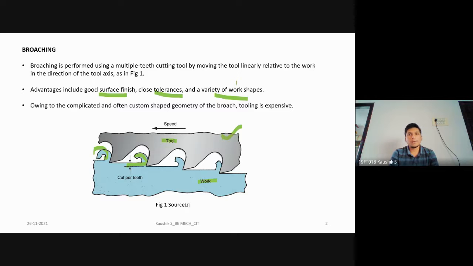Owing to the complicated shapes, the broaching technique is often used with custom shaped geometries of the broach. The tool is very expensive. That is one of the disadvantages or limitations of this broaching technique.